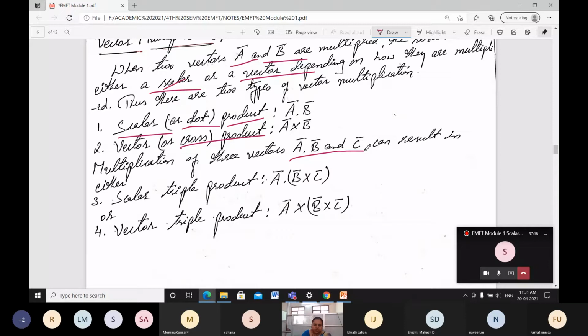The first one is a scalar triple product, like A bar dot B bar into C bar.